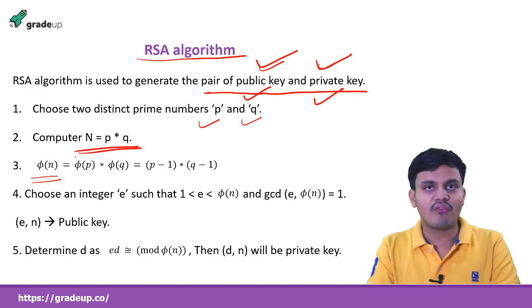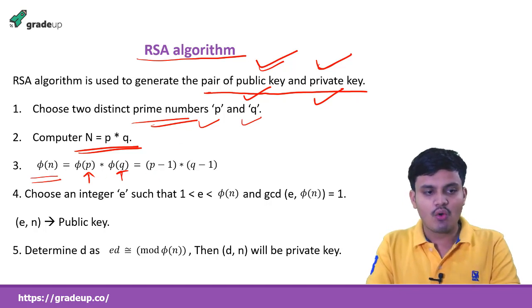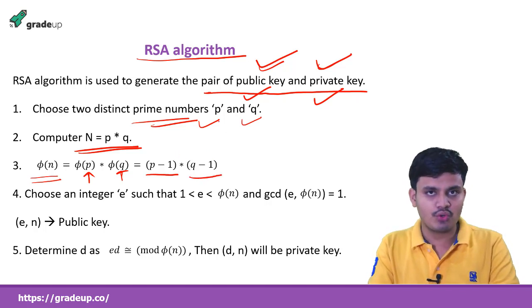Since n is p into q, we need to find phi of p into phi of q, and p and q are distinct prime numbers. That means phi of p will be p minus 1 and phi of q will be q minus 1, as I showed in the previous slide.